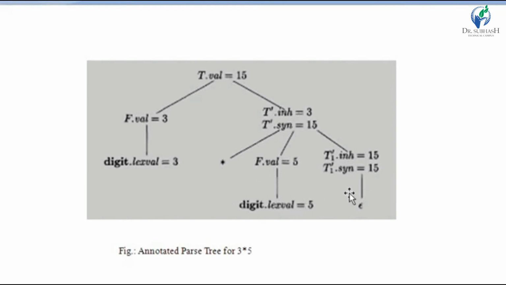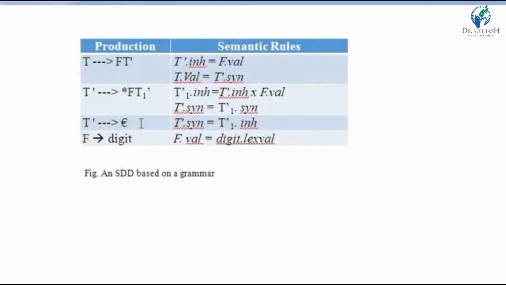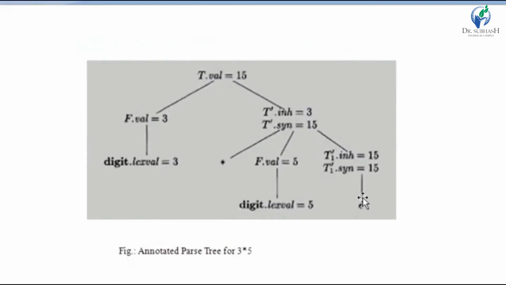At this place, that is T' gives epsilon. In synthesized attribute, it's 15, and in inherited attribute 3 into 5, it's 15. So inherited attribute 15 is passed to T.value. So T.value is equal to 15.